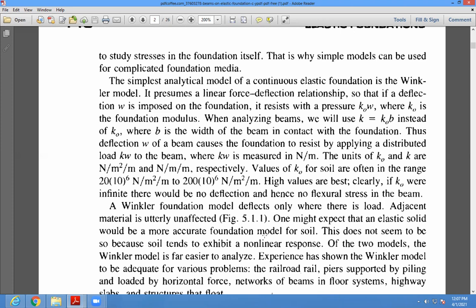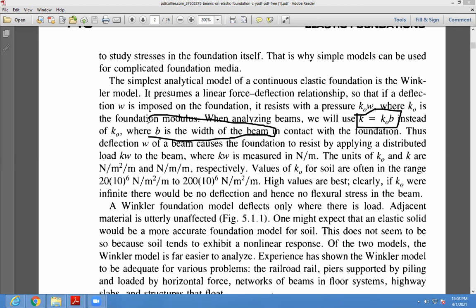Now listen, we know this equation: K is equal to K naught B, where B is nothing but the width of the beam. And the K naught value for soil is in the range of 20 into 10 raised to 6 Newton per meter square per meter to 200 into 10 raised to 6 Newton per meter square per meter.